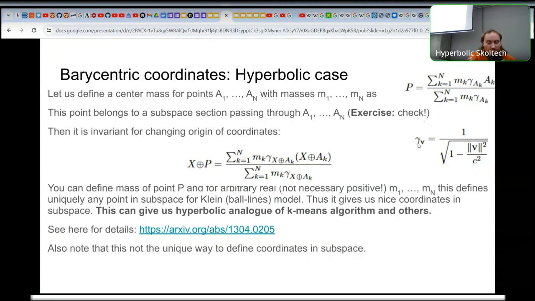You compute this coefficient gamma, you find it like this, and substitute and take your mass center. P is given by this expression. And then the mk are just like coordinates for this point P.